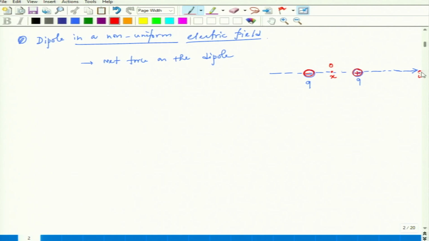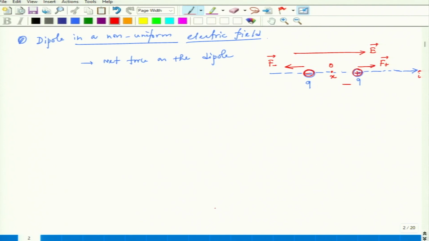The force on the positive charge is in this direction, since the electric field vector is in this direction. This electric field vector is not uniform, it depends on the position x. The force F plus on the plus q charge is along the E vector, and on the negative charge, F minus is opposite to the E vector.